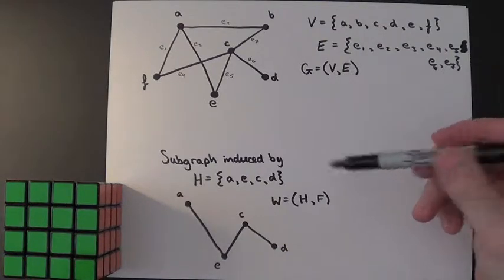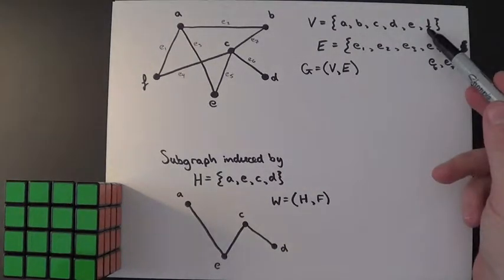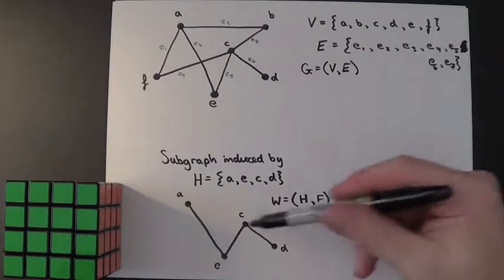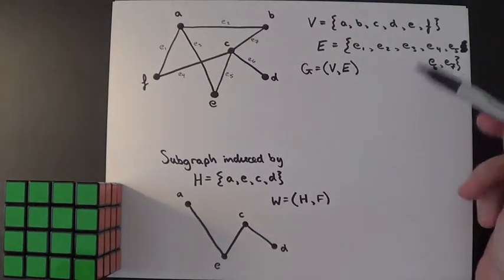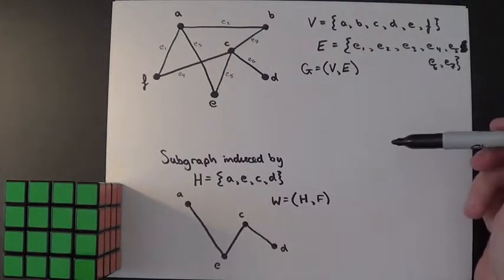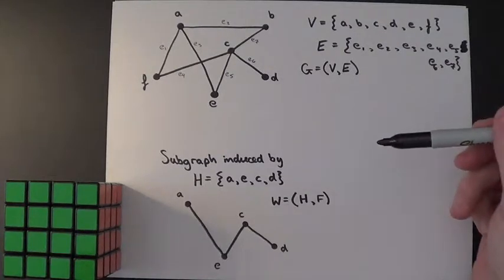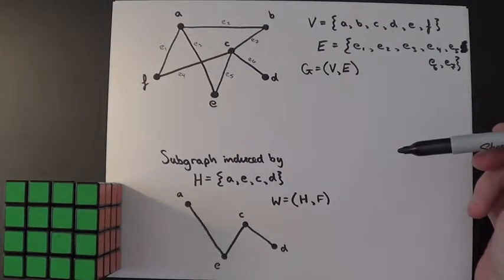And it's a subgraph because H is a subset of V, and F, the set of edges that you see here, is a subset of E. Thus, W is a subgraph of G, the top graph.